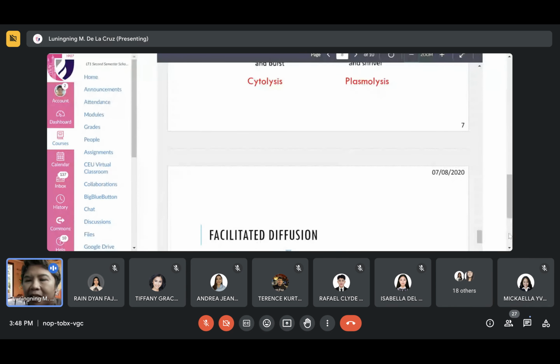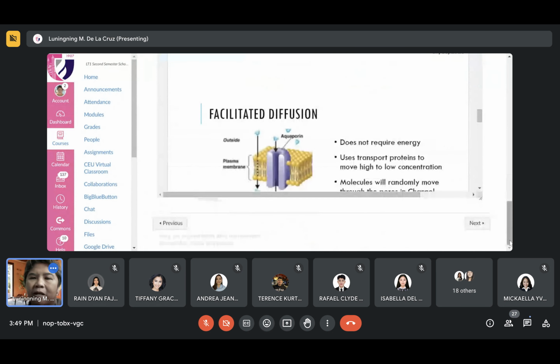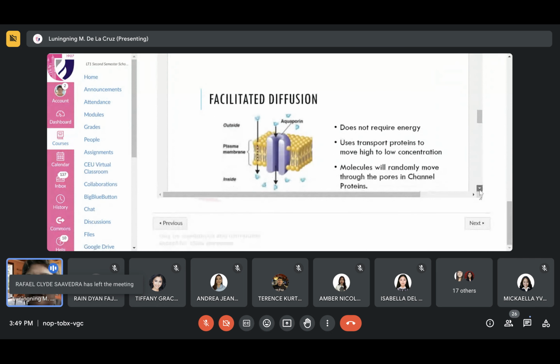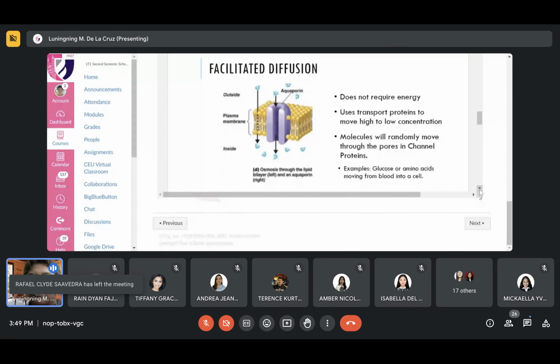So what is facilitated diffusion? Facilitated diffusion does not require energy. Usually, there is a transport protein like this one that will move materials from high to low concentration.